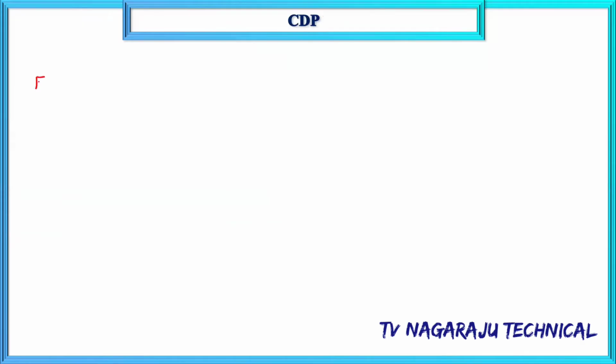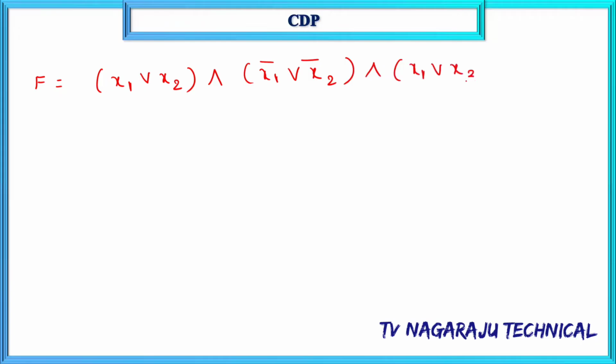Now, consider an example of satisfiability problem with three variables. So, x1 or x2, and x1 bar or x2 bar, and x1 or x3.